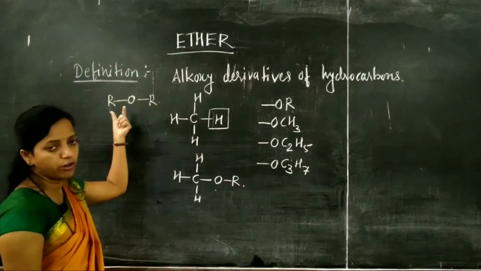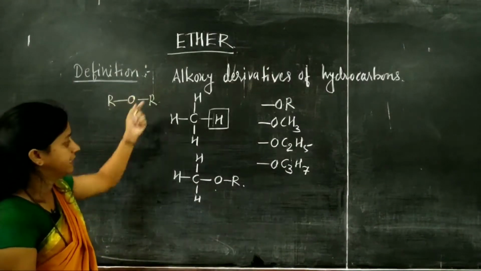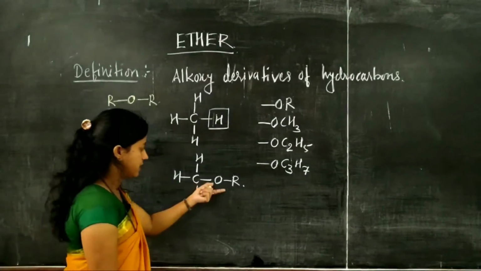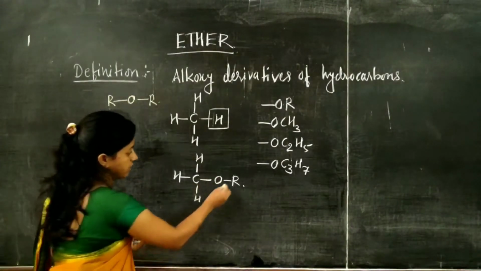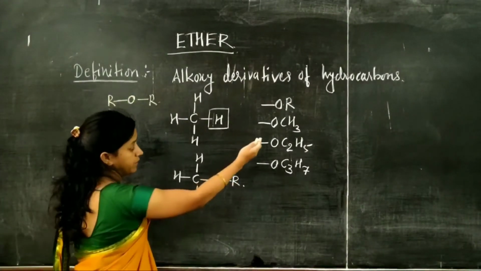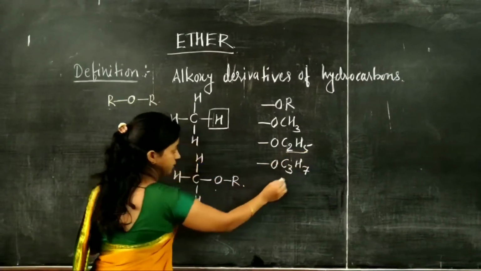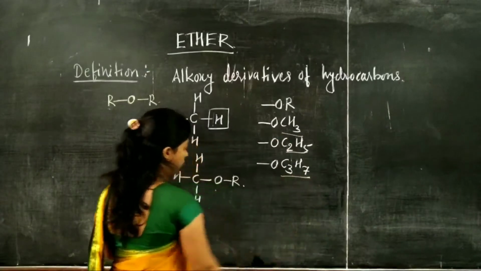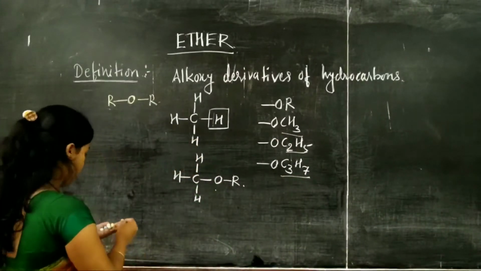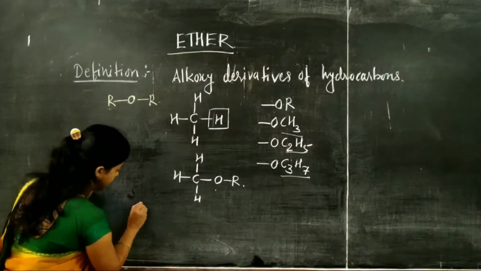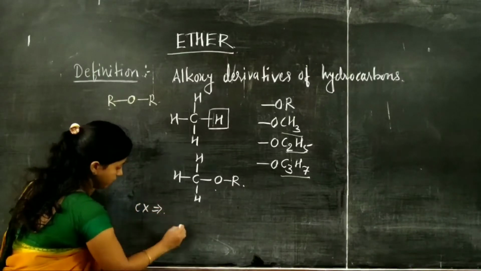We call this the general formula for ether. Here R may be a methyl group, or an ethyl group, or a propyl group. For example, here we will see examples of ether.